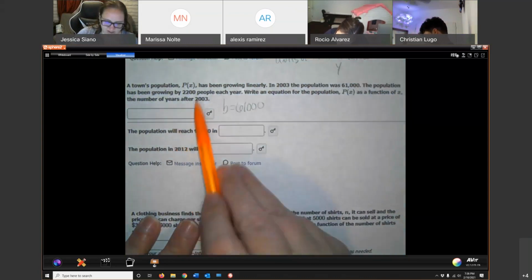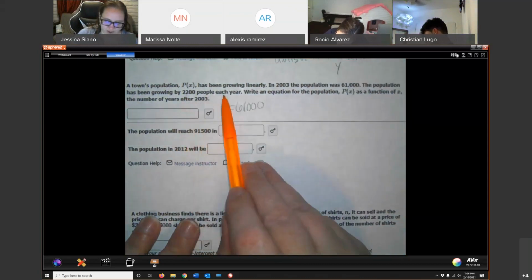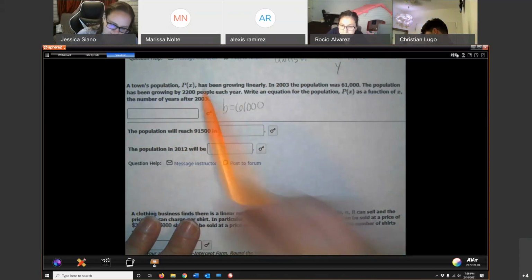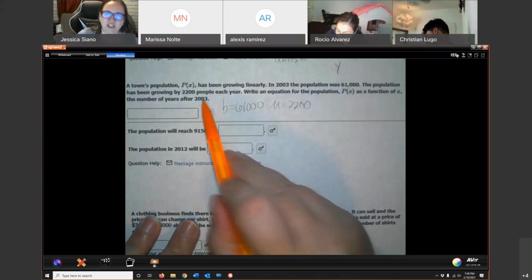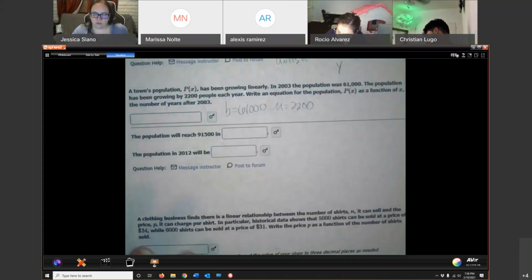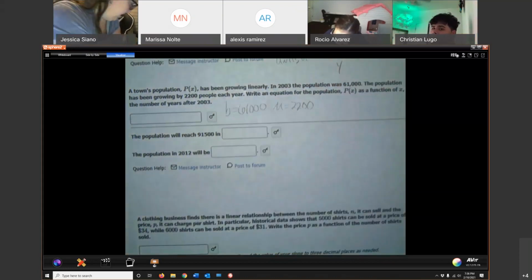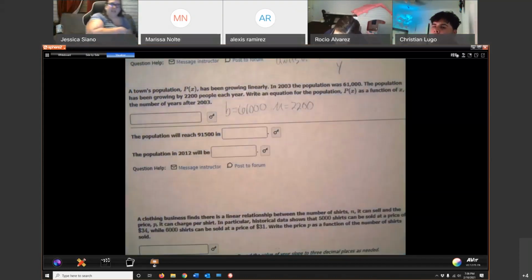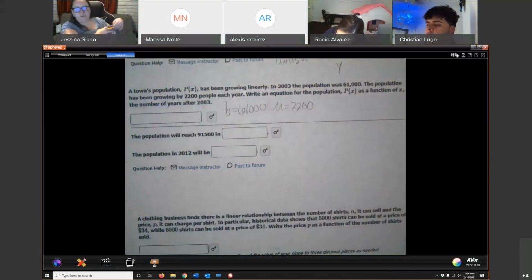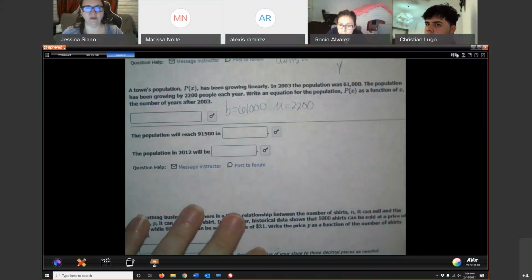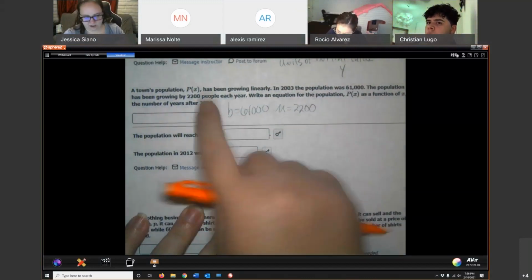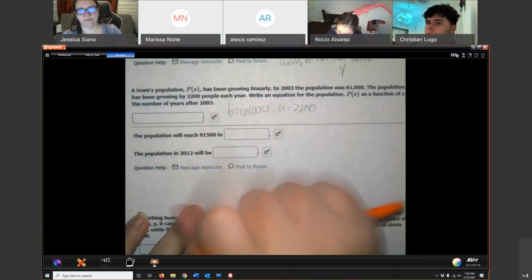And it's been growing by 2,200 people per year. So that's going to be my slope. That "people each year" is a dead giveaway that I'm dealing with my slope. Just like in the last one, the monthly charge per minute was 0.02. Anytime you see that, you're going to know that you're dealing with your slope.